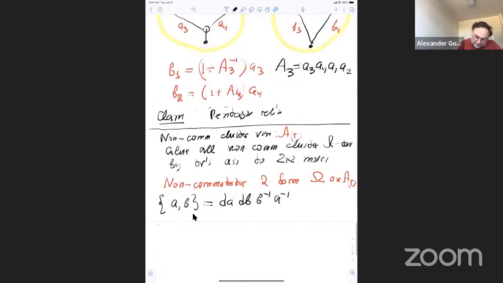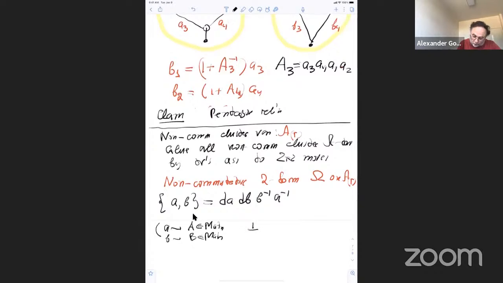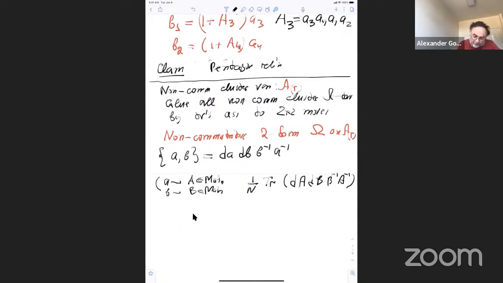And this means the following, that you actually can pretend that A is some n by n matrix A, and B is some n by n matrix B, and then you want to consider 1 over n trace in matrices of differential of A, differential of B, B inverse, A inverse. So that's what this notation means in context of matrices, and you can formalize this if you want. But then there is a formula, there's a theorem.